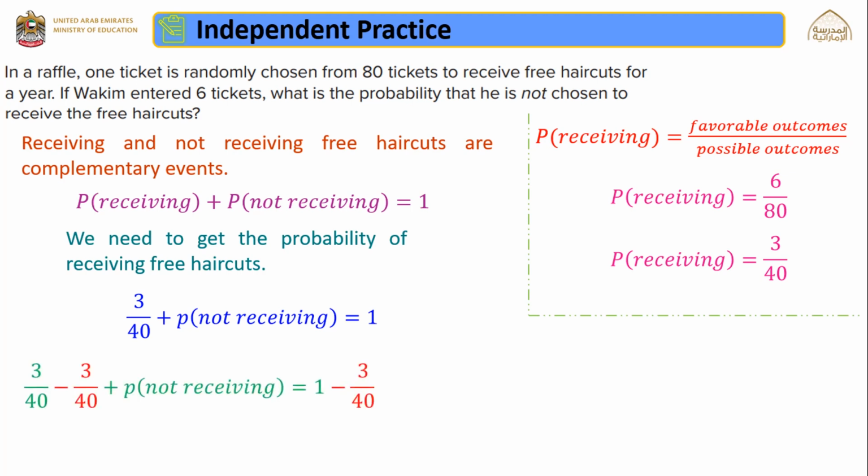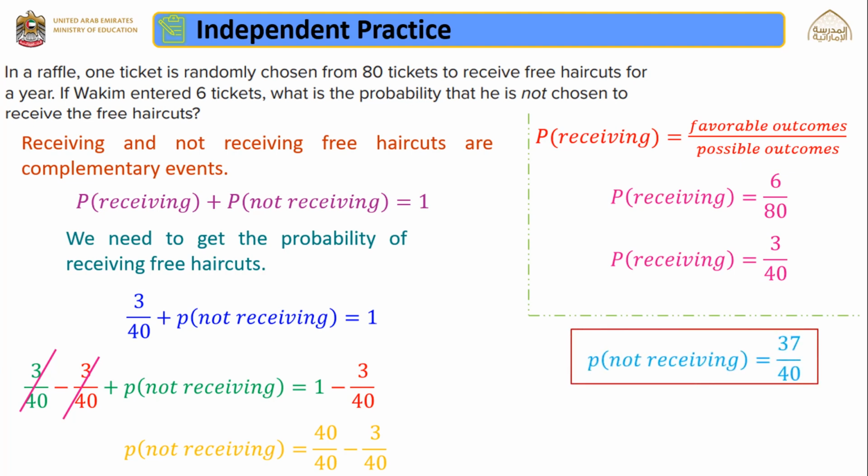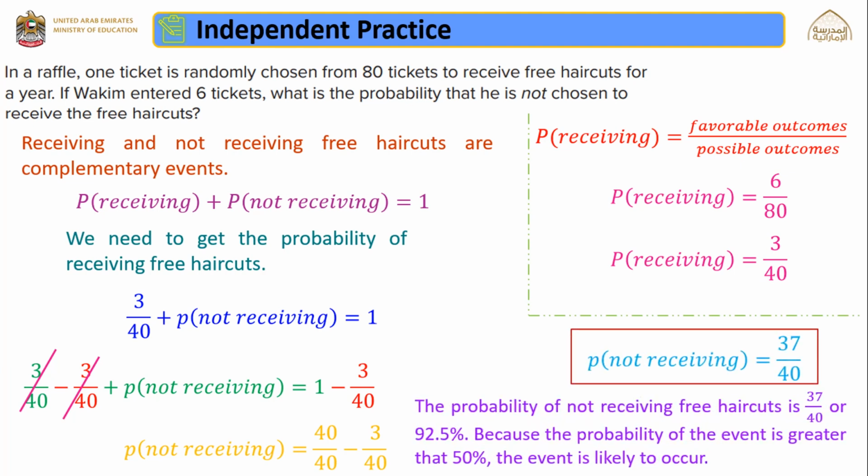So the probability of not receiving equals 1 minus 3/40, which is 37 out of 40, or 92.5%. Because the probability of this event is greater than 50%, the event is likely to occur.